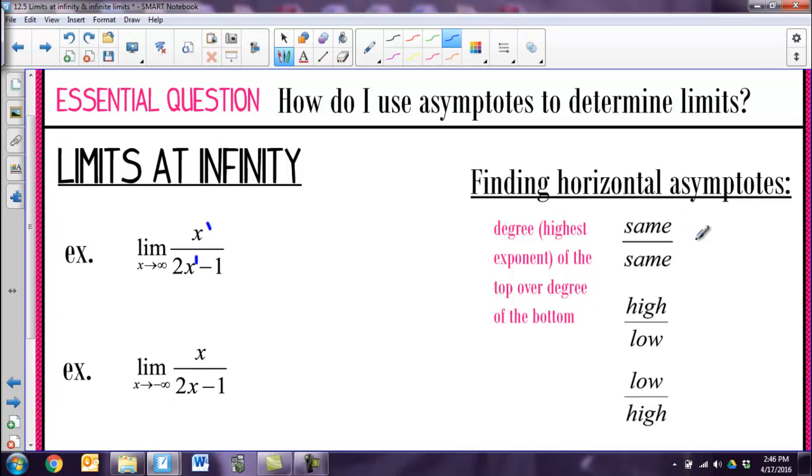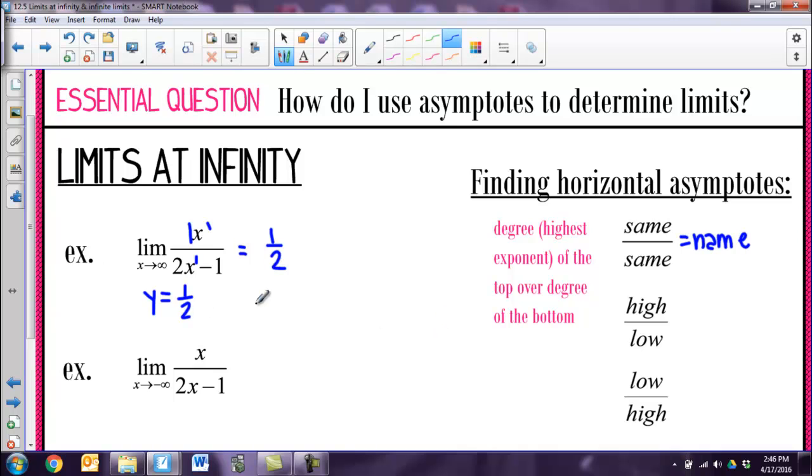And when you have same over same, remember we said that was name. You take the coefficient of the top over the coefficient of the bottom. For this guy, that was 1 over 2, and so my horizontal asymptote there would have been 1/2. So as my graph approaches infinity, my y value is also going to approach 1/2.